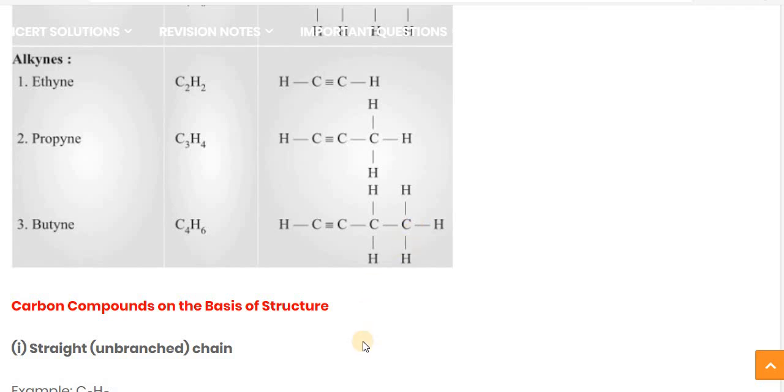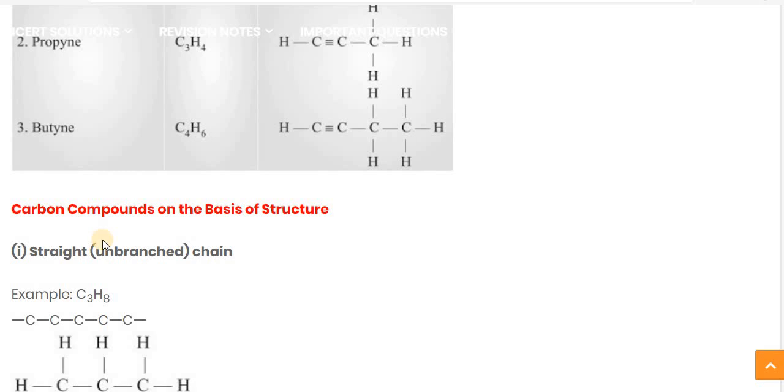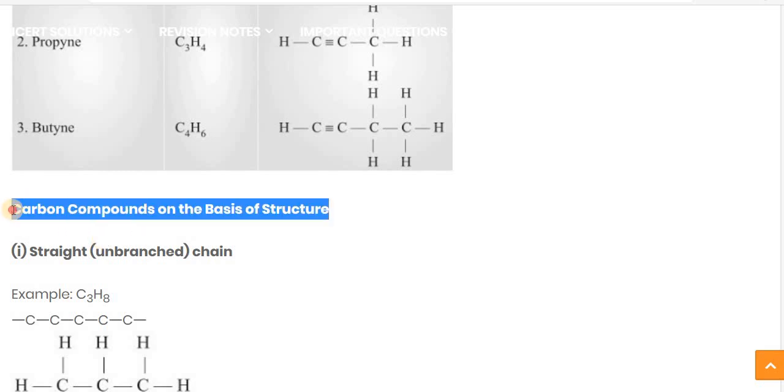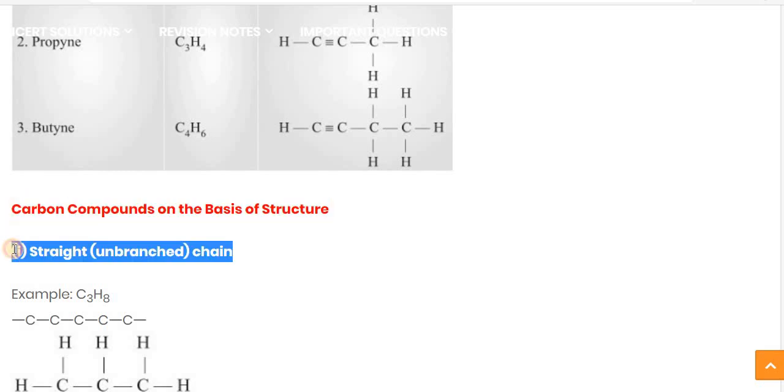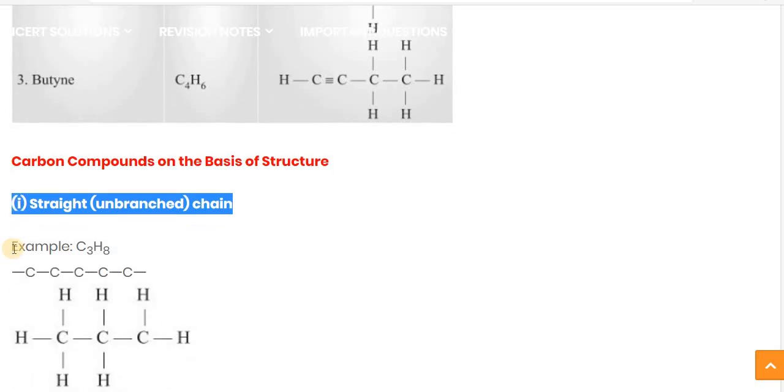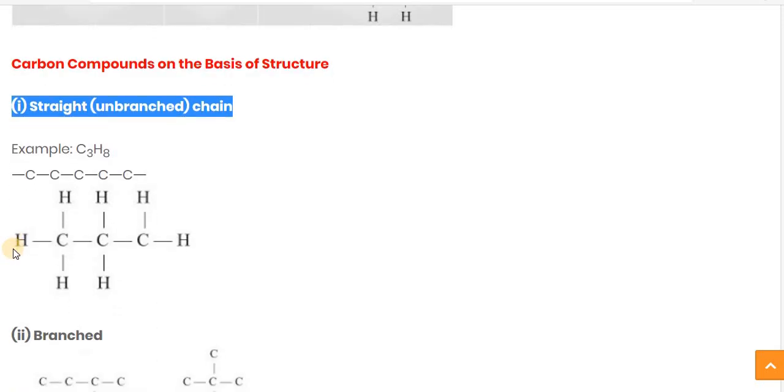Now let's see the carbon compounds on the basis of their structure. The first one is the straight, or you can say unbranched, chain. For example, C3H8. Here you can see the C is 3, whereas the hydrogen is 8: 1, 2, 3, 4, 5, 6, 7.